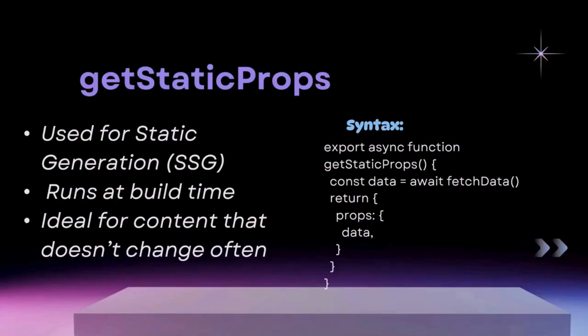Now we go to getStaticProps. It is used for static generation and runs at build time, ideal for content that does not change often. Here you see: export async function getStaticProps, curly braces start, const data = await fetching the data, return props with data, and close.